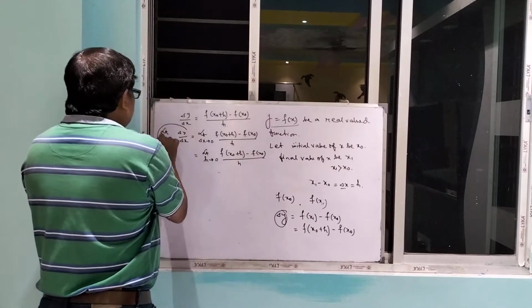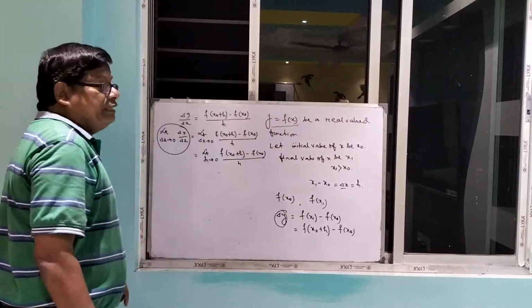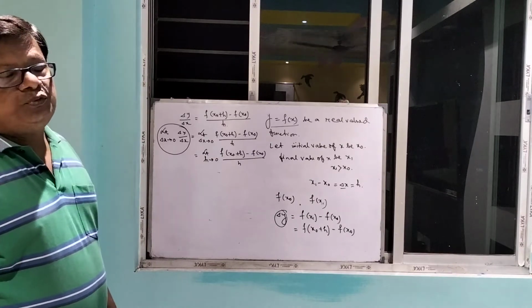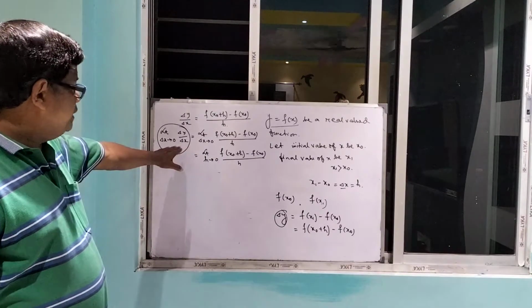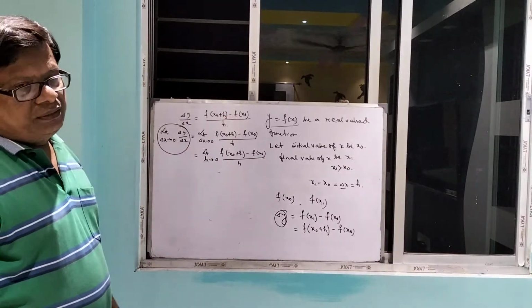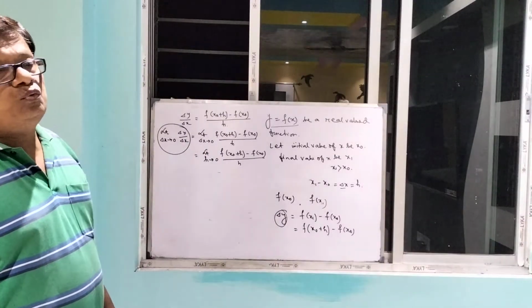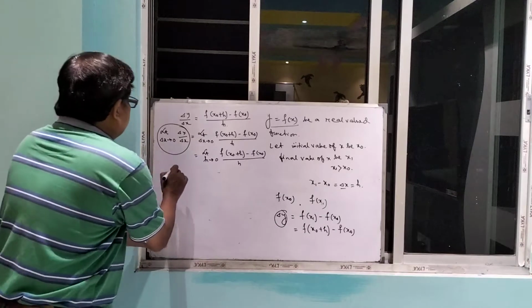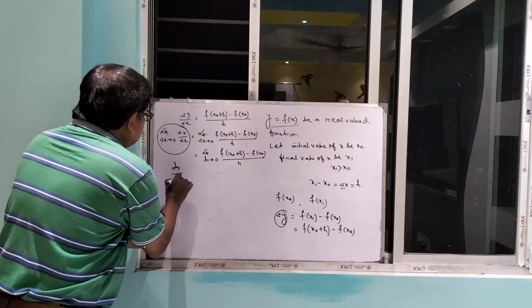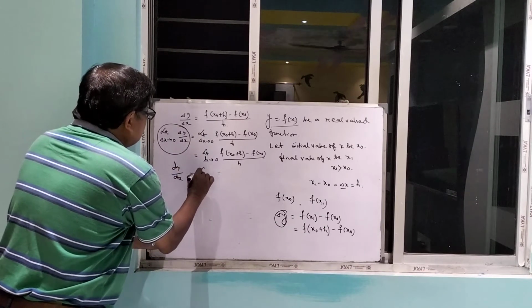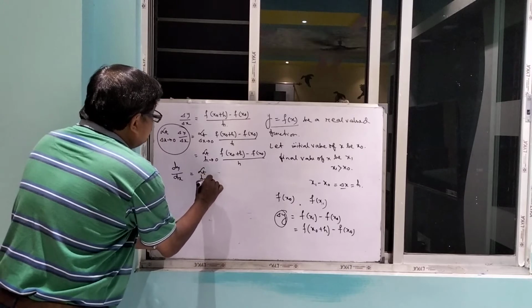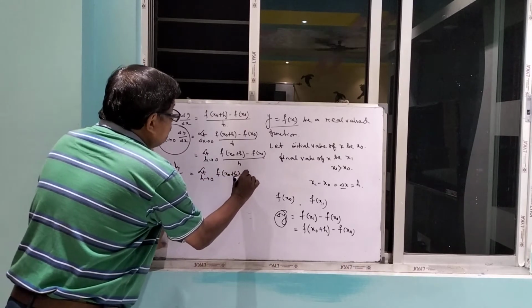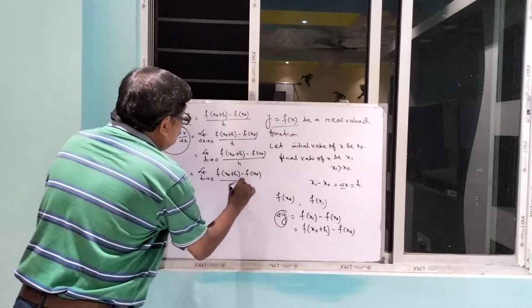So this limit delta x tends to 0, delta y by delta x, is the change of y with respect to the variable x. Okay, so we write this as dy dx, limit h tends to 0, f of x0 plus h minus f of x0 by h.